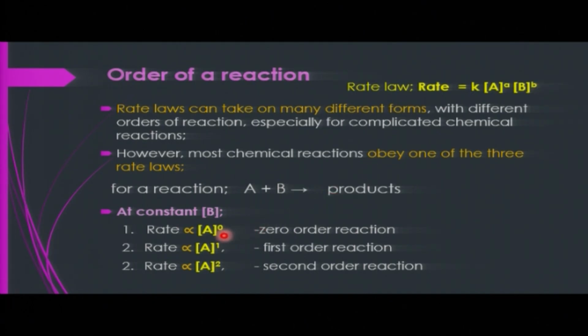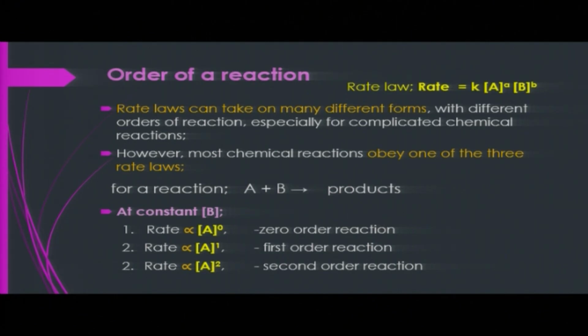Look at this, our general reaction. We still have A reacting with B. Don't mind about the product. The issue of the product should not concern you at the moment. All we want is, are these two reacting? Yes, if they are reacting, what is the speed at which they are reacting to form the product? The kind of product is not part of the concern.